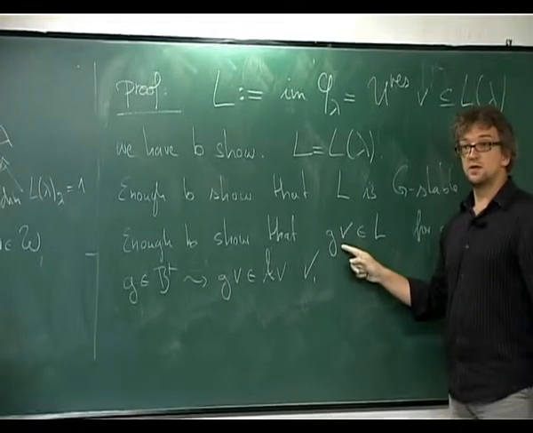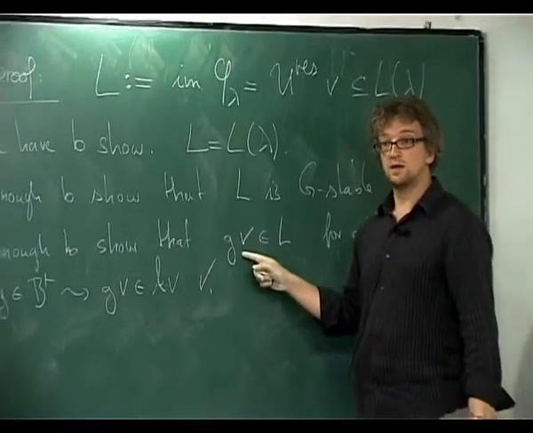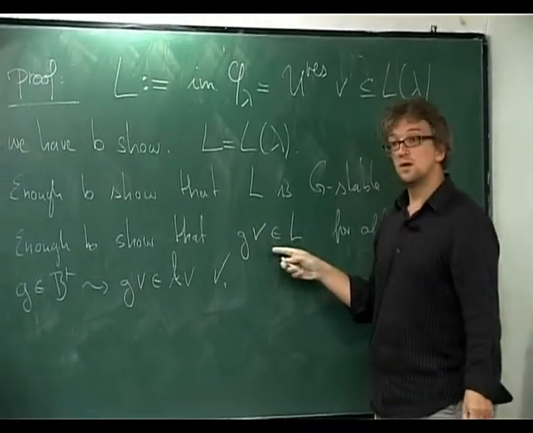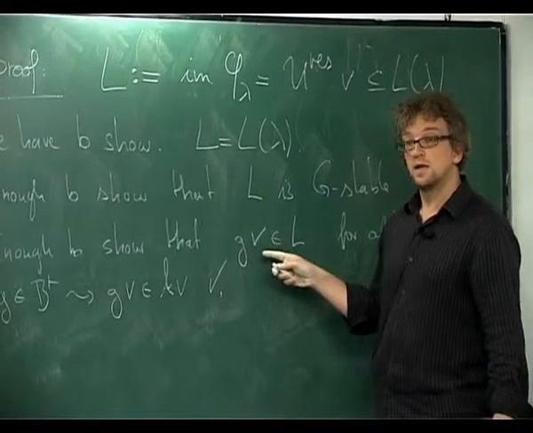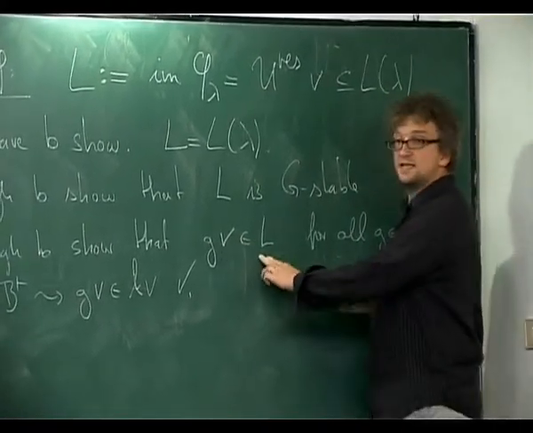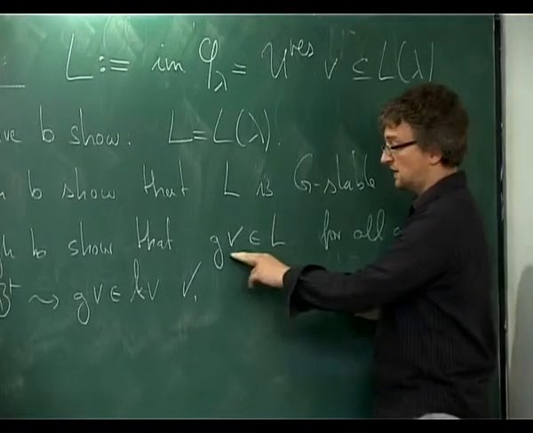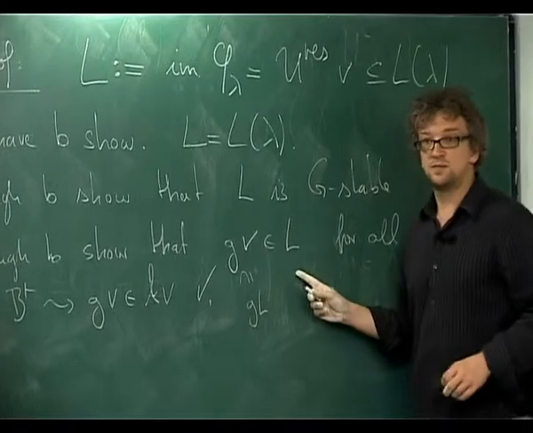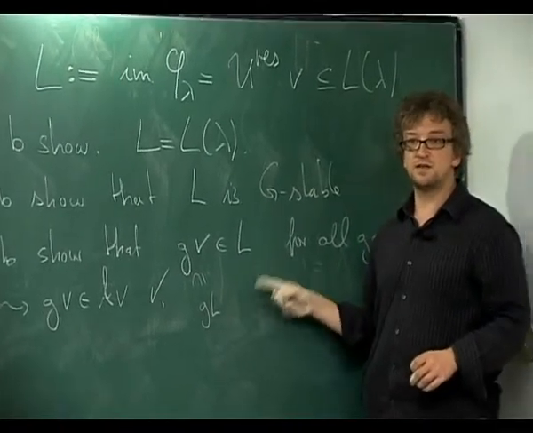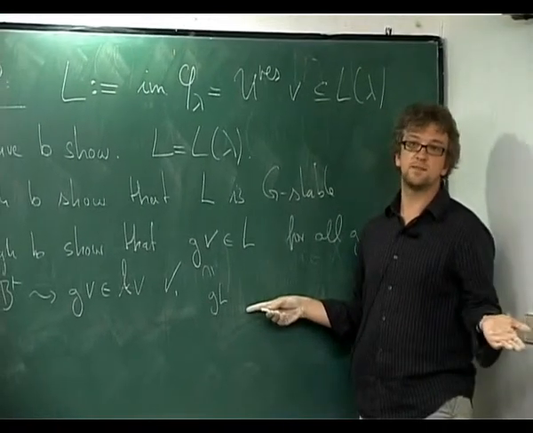It's enough to show that GV is in L, because GV is in GL and L is simple. If they have non-zero intersection, it must be the same.